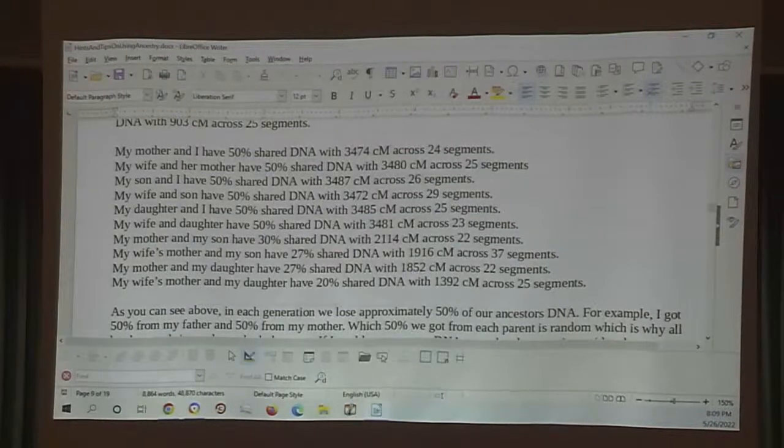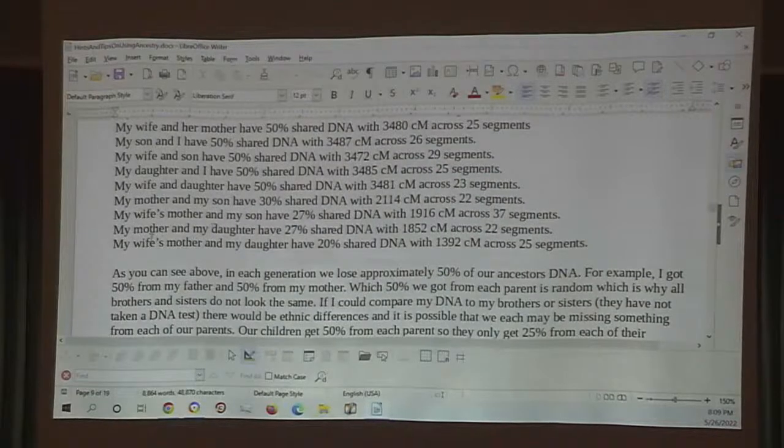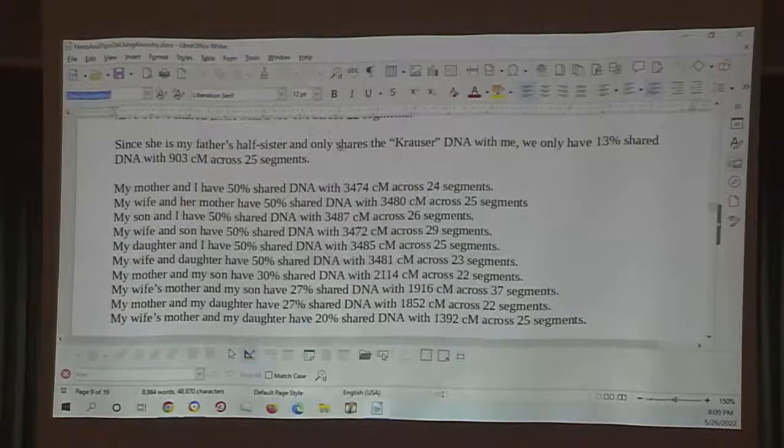My wife and her mother have 50%. My son and I have 50%. My wife and son have 50%, because remember, they only get half, right? And my mother and my daughter have 27, which gets down to the 25, right? So that's in there also.